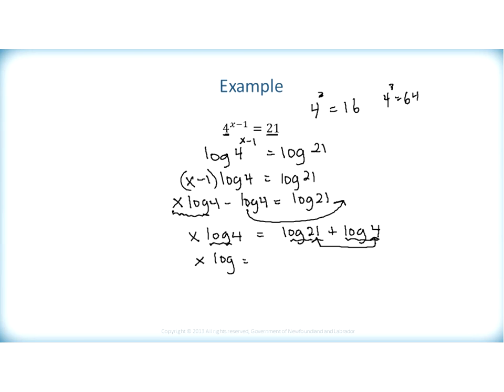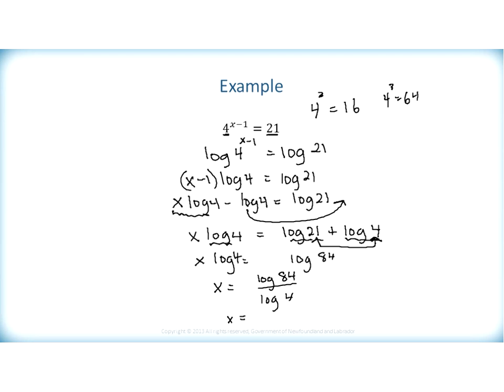If we do not do this step, we can still be correct. And we would have log 84, since 21 times 4 is 84. And to solve for x, that would give us log 84 over log 4, which now we can calculate.